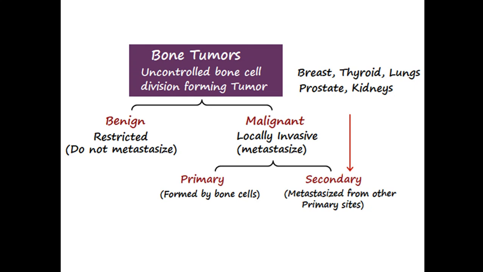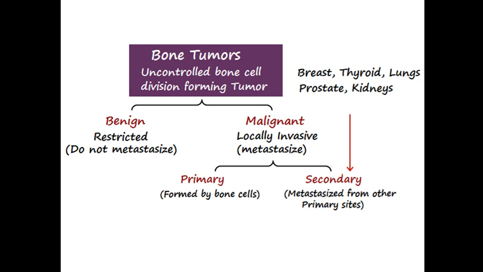Similarly, like the proto-oncogenes and oncogenes, if the tumor suppressor genes get mutated, this will allow the mutated cells to divide uncontrollably and will result in the formation of a tumor.